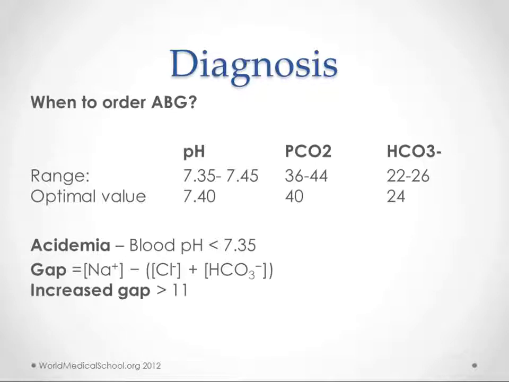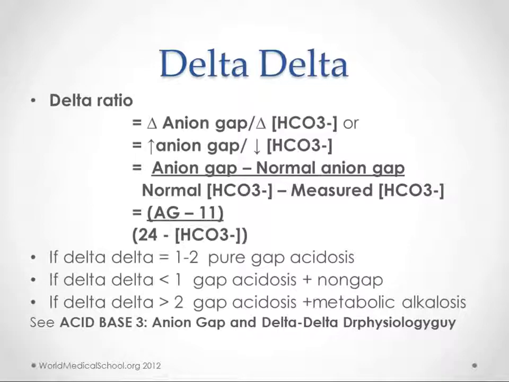And the difference between these is going to equal the unmeasured cations and the unmeasured anions. So usually we have a greater number of unmeasured anions, and the normal number is 11 for our gap. So over 11, really over 14 is where we start talking about increased anion gap.